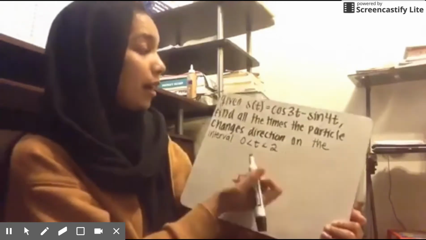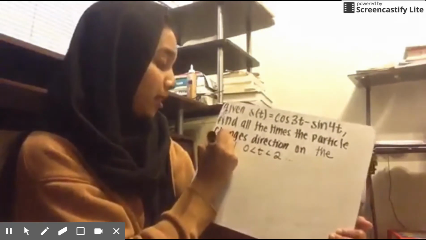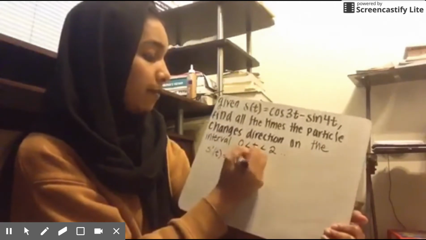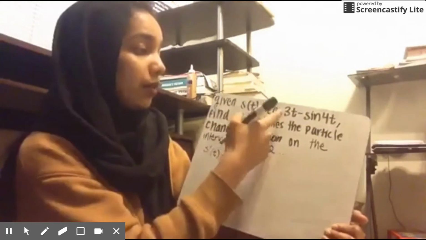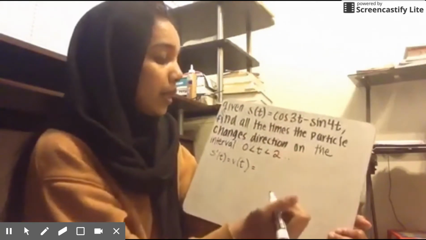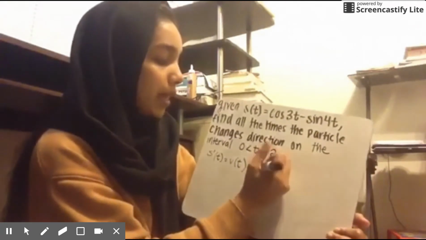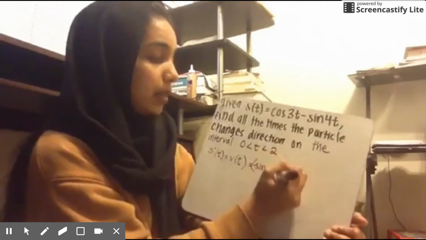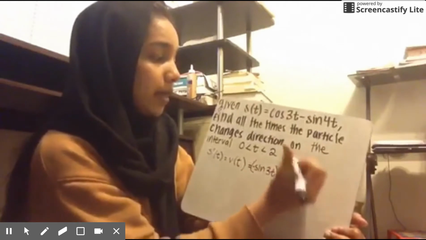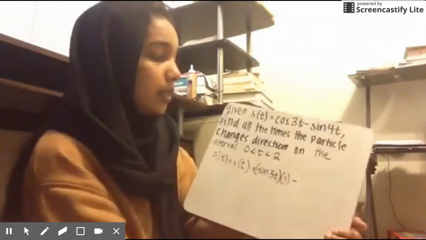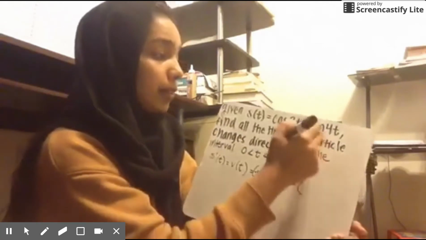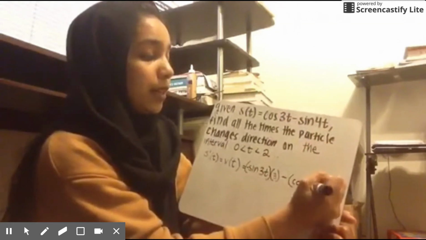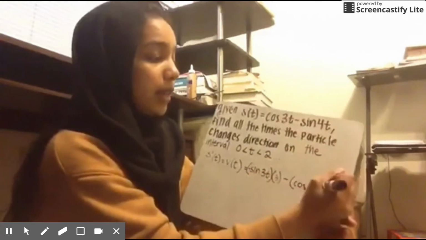So I'll show you. The first step would be to find the derivative of the position function. So s prime of t, which is equal to v of t, would be equal to the derivative of cosine 3t, which would be negative sine 3t times the inside, which would just be 3, minus the derivative of sine, which would be cosine 4t, times the derivative of the inside, which would be 4.